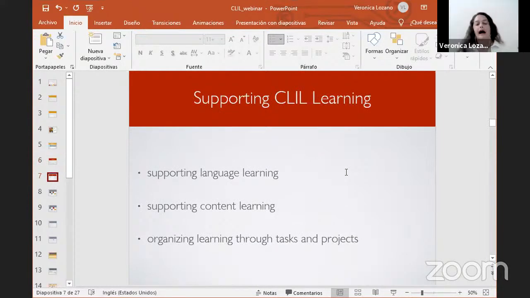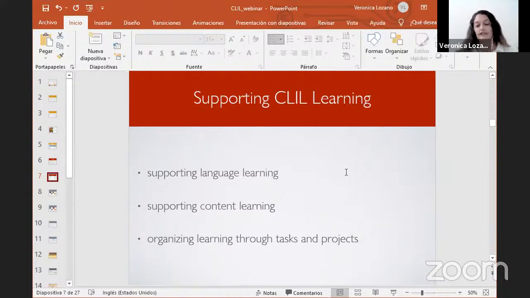Our presentation today is going to focus on some concepts, some ideas that might help us do this integration of language and content. Remember, how much content or how much of a language focus will depend on your institution, your aims, your goals. So there is no set amount, there is no correct amount.